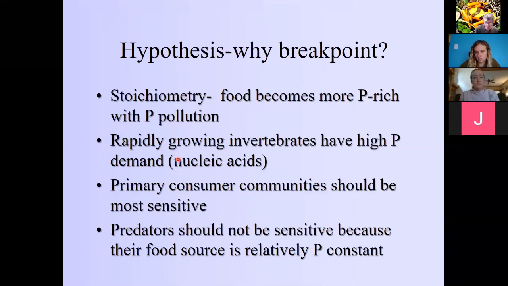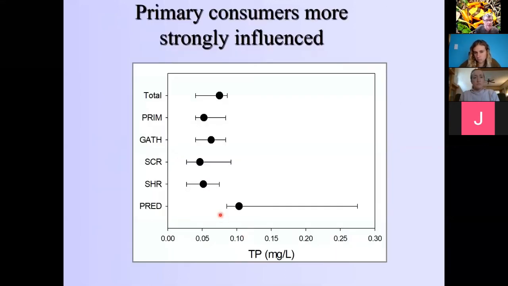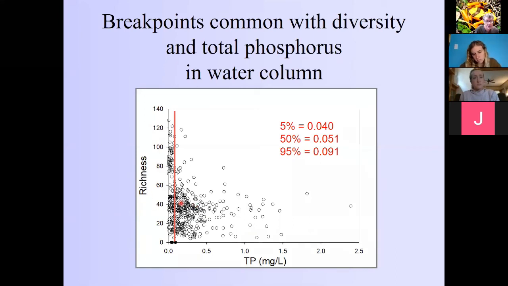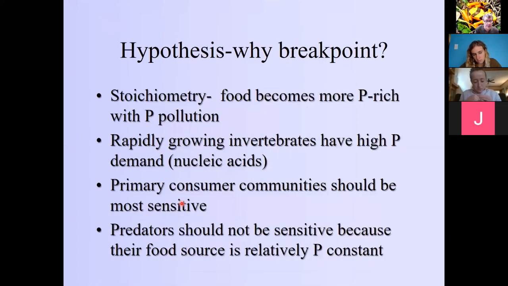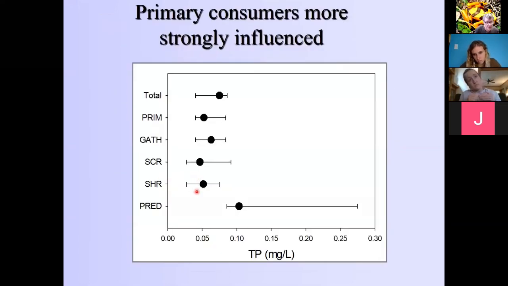So she went in and plotted the thresholds that she found versus total phosphorus. She made graphs just like this, but she did it just for predators, just for grazers, scrapers, shredders, independently. And we see that all these things, the things that eat leaves, the things that scrape biofilms off of rocks, the things that collect, all have lower threshold values than the invertebrate predators.